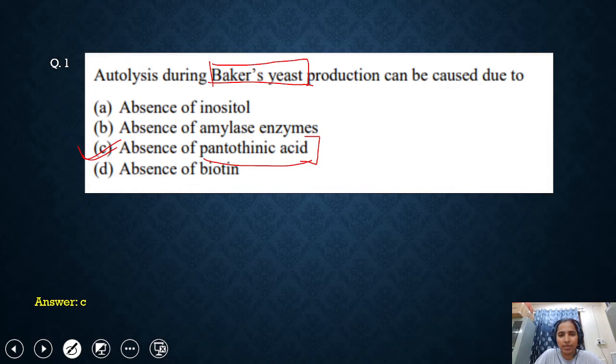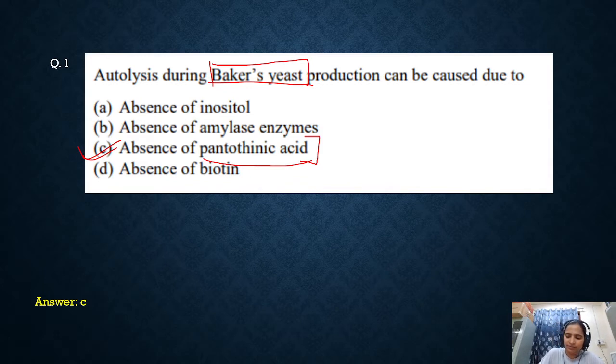Suppose it requires a specific enzyme, why this pantothenic acid is required, or any other component that is specific to every fermentation. So you must know all those things. Today's session is mainly based on this type of questions only, because you have studied the fermentation of 3 4 products, so all the questions are related to that only.